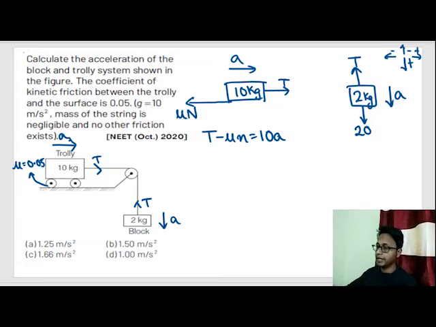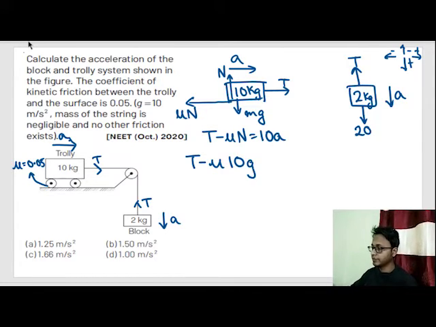What is n out here? See the vertical component. N downward is mg. So from the vertical component, can we say n is nothing but mg? So T minus mu into the mass of this block, 10, into g is equal to mass into acceleration.